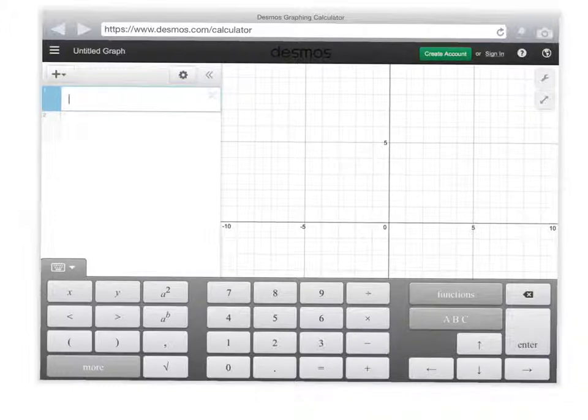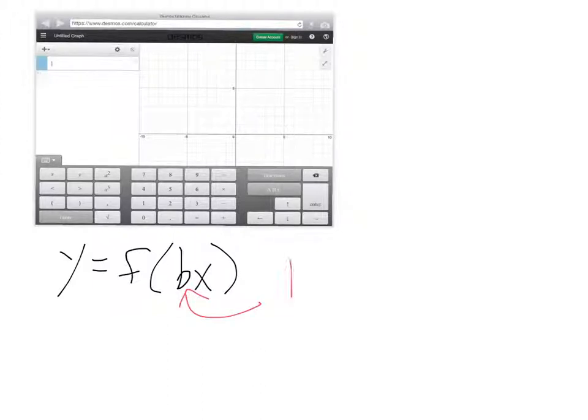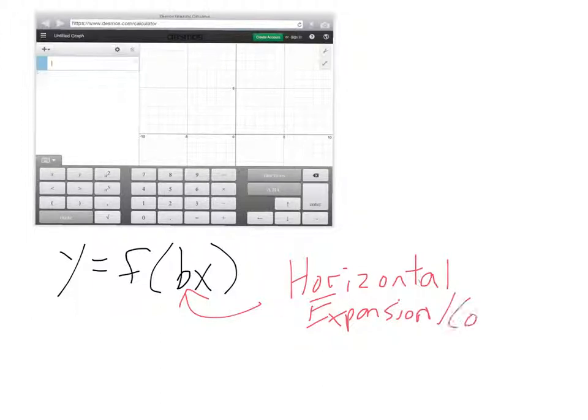So let's go ahead and summarize that. So if we have the function y is equal to f of bx, b is a horizontal expansion or compression.